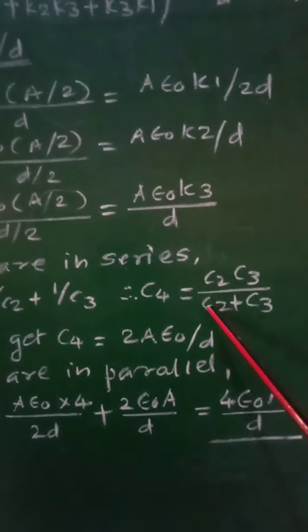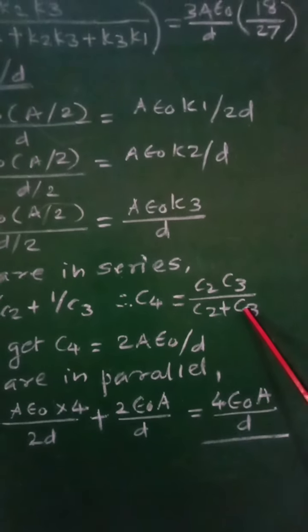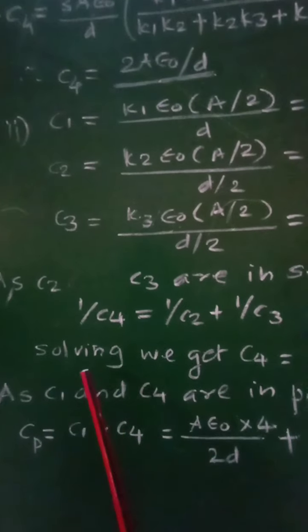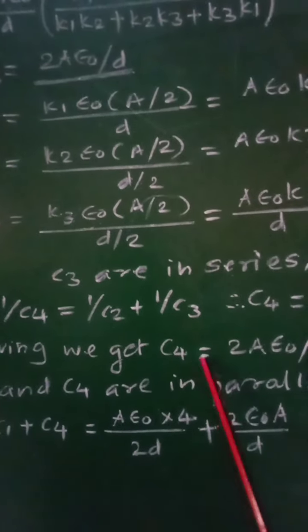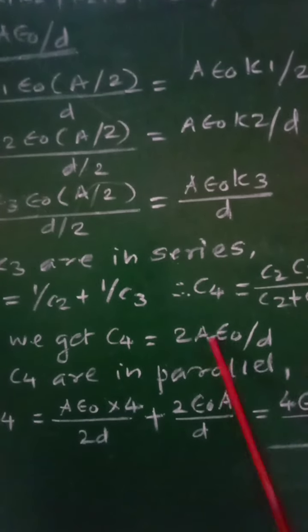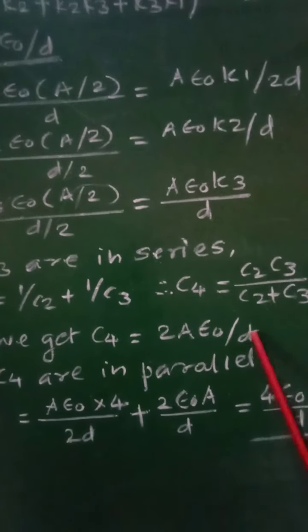Now putting the values of C2 and C3 and solving, we get C4 as 2A epsilon 0 upon D.